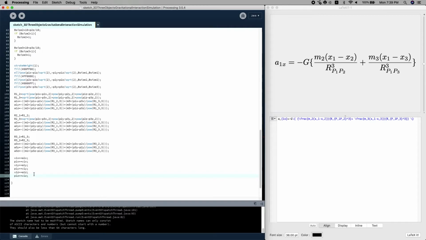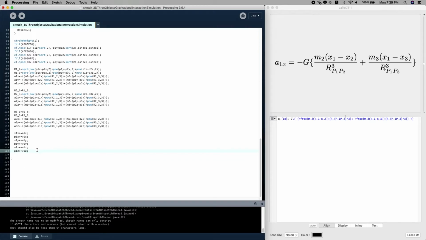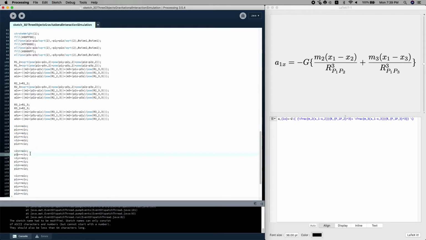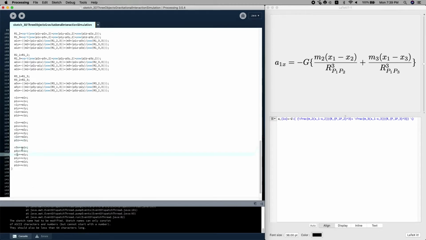And all of that I'm going to have to do the same thing, but change every value to be in terms of V2, A2, and P2, and then the values for object 3. Okay, and now that's basically it.